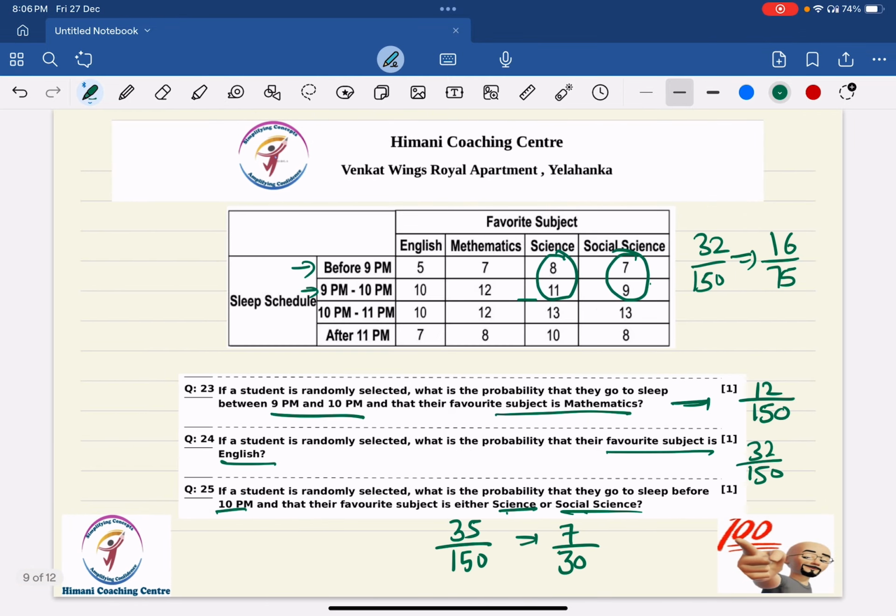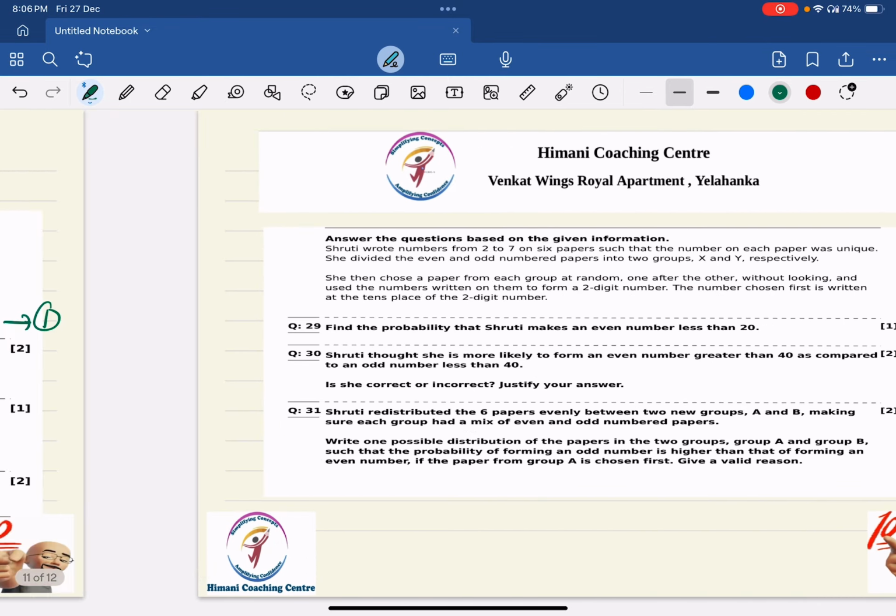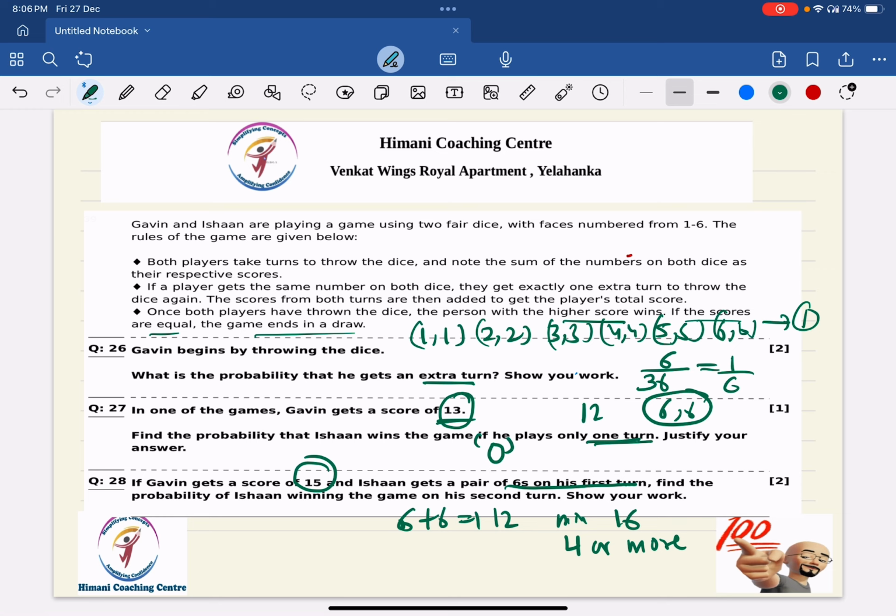So let us do that. The probability that Ishan gets a score of less than 4 is 3 by 36, which is 1 by 12. Correct?